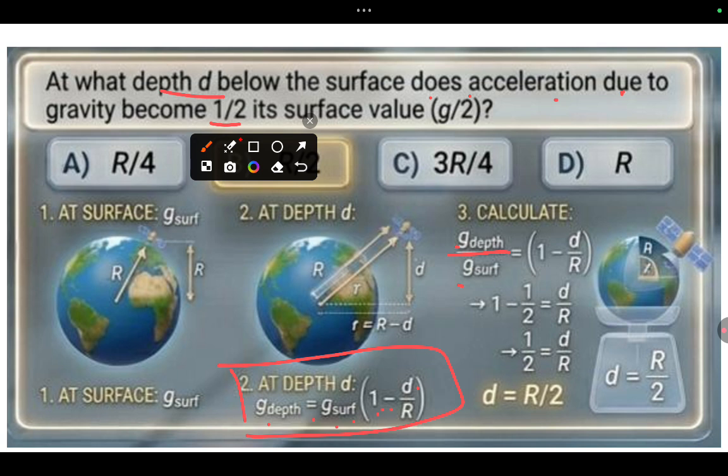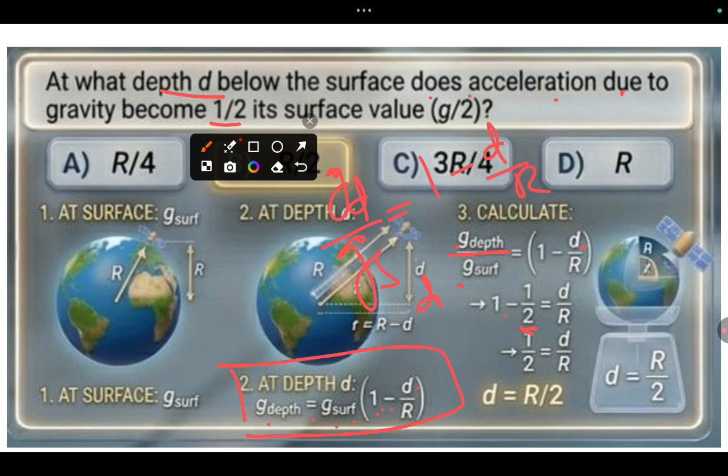See, g depth by g surface equals, our formula, 1 minus d by r. Clear?